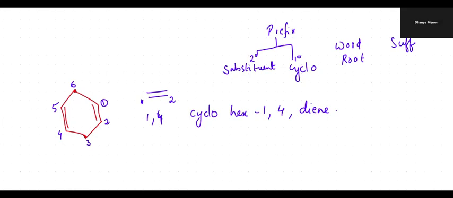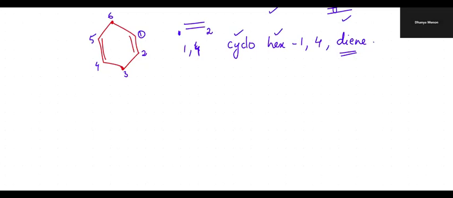So first, if there's a substituent, you write the name of the substituent and the position. If it's cyclo, you mention cyclo and then the word root. So here there is no substituent, so I started with the primary prefix, that is cyclo. Then the word root is hex. Then the suffix is how many double or triple bonds there are. Okay, I hope you understood this. So I'm just keeping it here. Then coming to the next one.